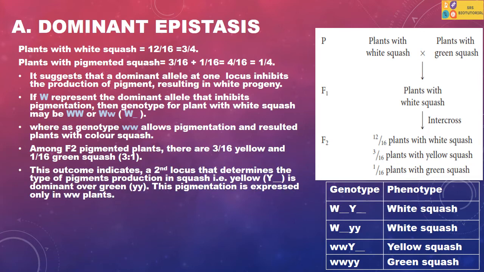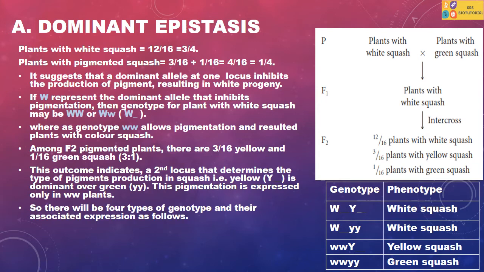This outcome indicates a second locus that determines the type of pigment formed in squash, that is, yellow is dominant over green. This pigmentation is expressed only in homozygous recessive plants having genotype small w small w.